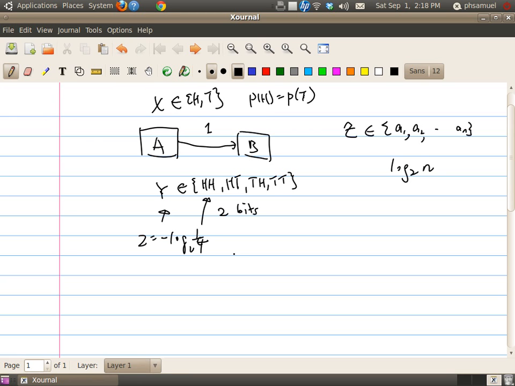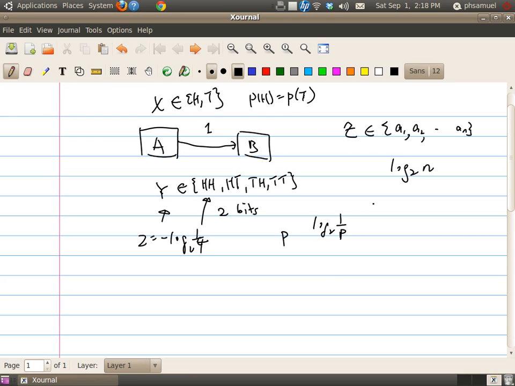Or another way to think of that is, if I have an outcome that has probability p, then I can imagine that this is a similar outcome from another random variable, but that random variable is equally likely, and therefore that random variable will have 1/p different outcomes, and therefore the amount of information for that random variable will be log base 2 of 1/p.